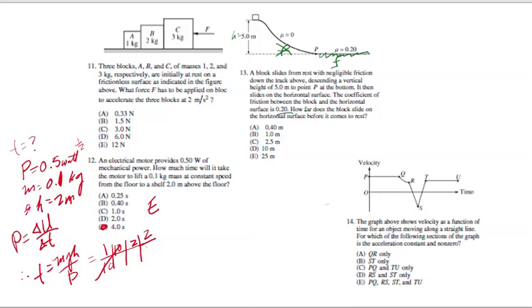Okay, so the way I would look at this one is you basically want to see how much work the frictional force does on the block to get it to where it comes to rest. Alright, and you don't know how far it's going to go. So you wouldn't want to use force times displacement, but remember, work is also a change in energy.